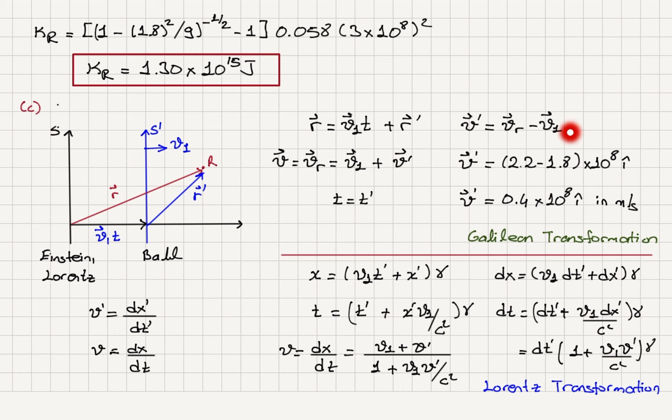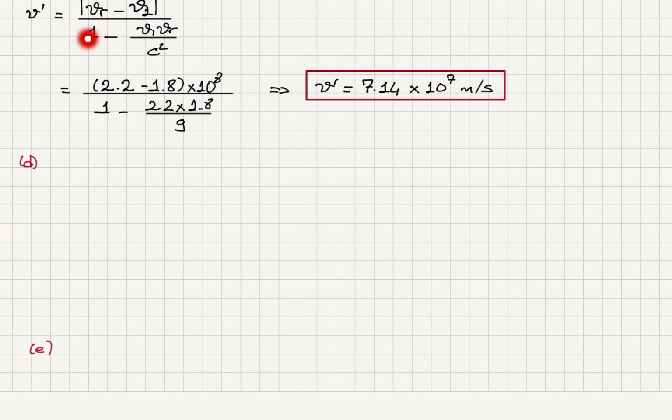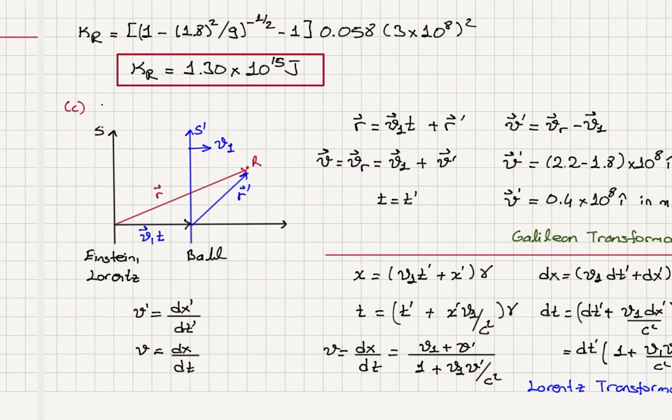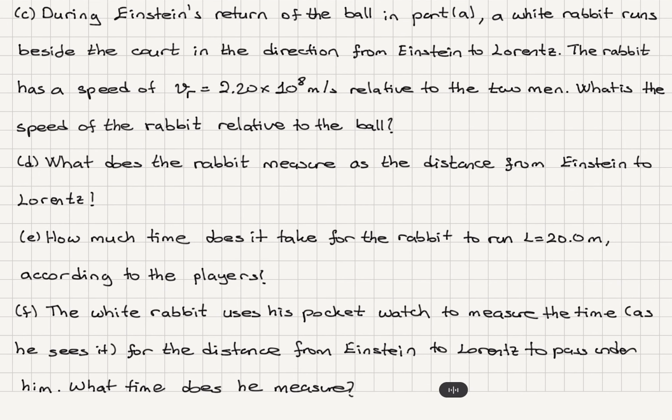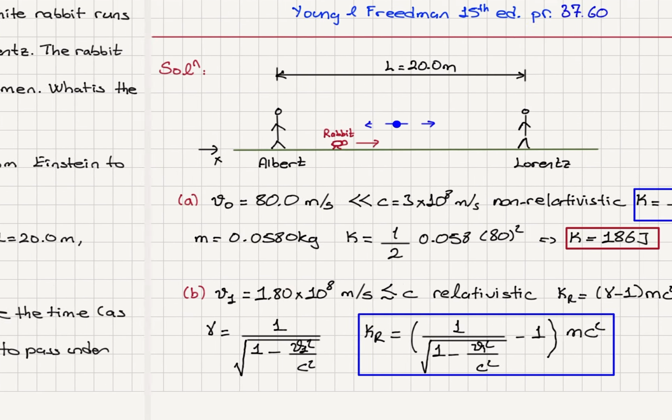So instead of this, I have this divided by a relativistic correction, 1 minus v1 vr over c squared. And the speed that I'm measuring here is going to be 2.2 minus 1.8 times 10 to 8 divided by 1 minus 2.2 times 1.8 over 9. And that gives me my final answer. The speed measured by the ball reference frame is 7.14 times 10 to 7 meters per second. So the speed of the rabbit relative to the ball is what I have just found.